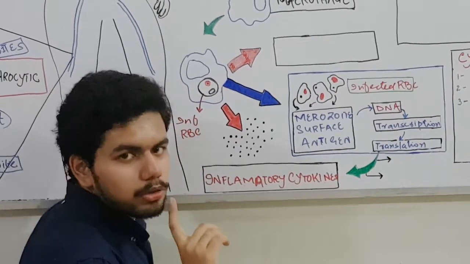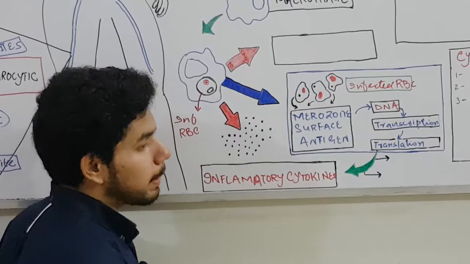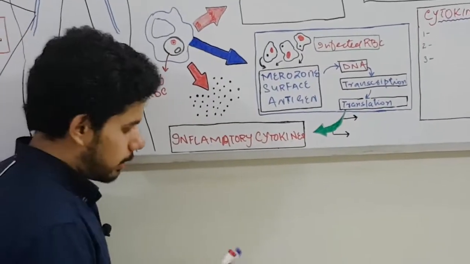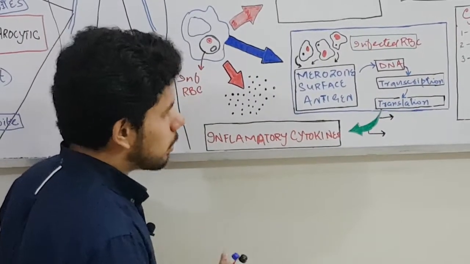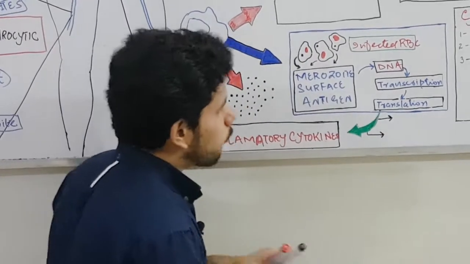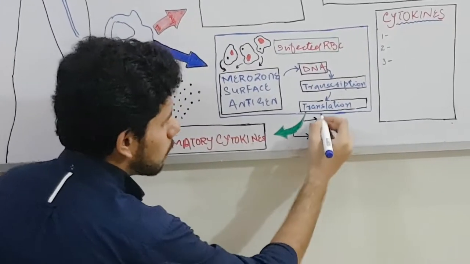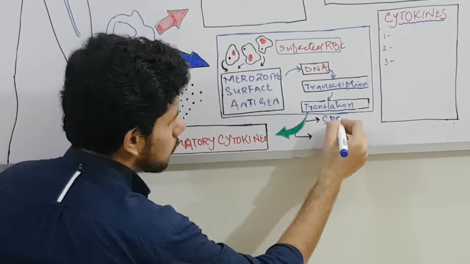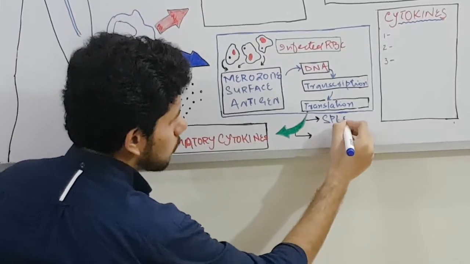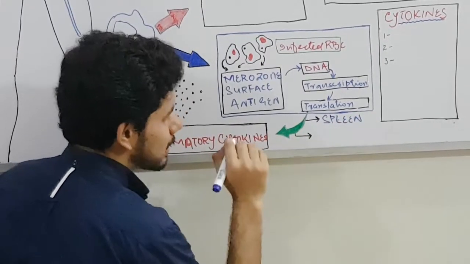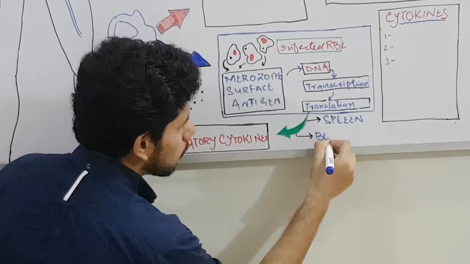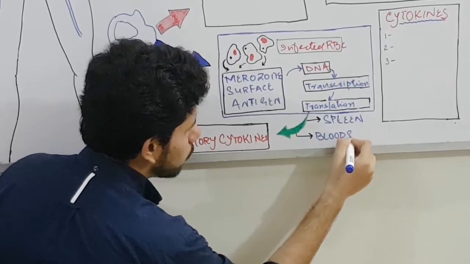These inflammatory cytokines are responsible for the major pathogenesis of malaria. Where are these inflammatory cytokines released? The first site where they are released is the spleen, and the second site where they are released is the bloodstream.